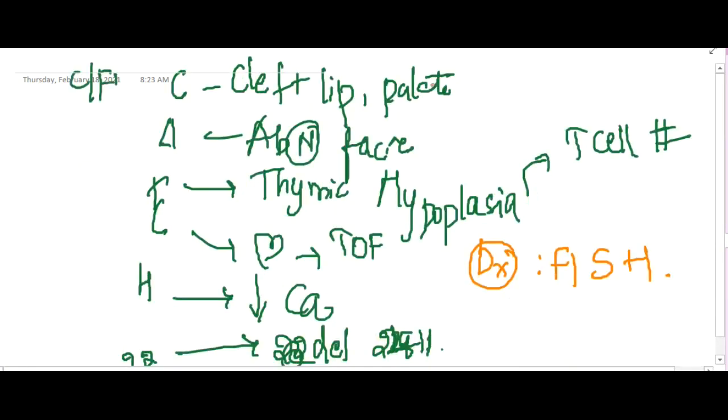If we see the clinical features, they can be given by the mnemonic CATCH.